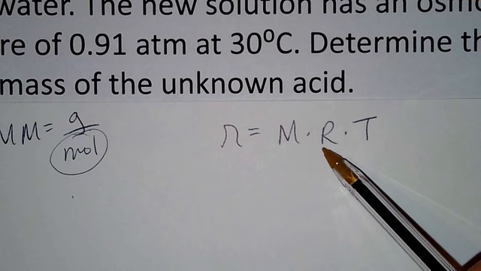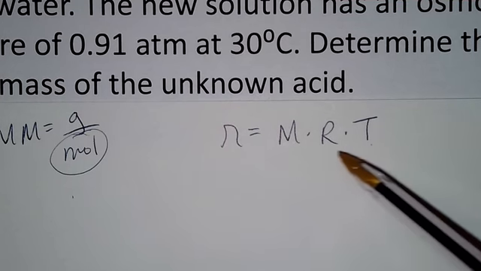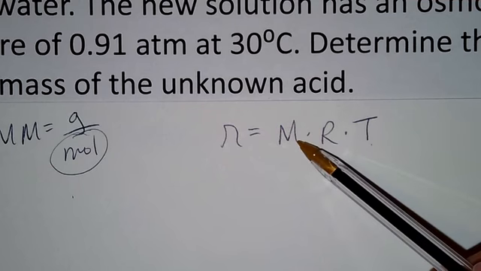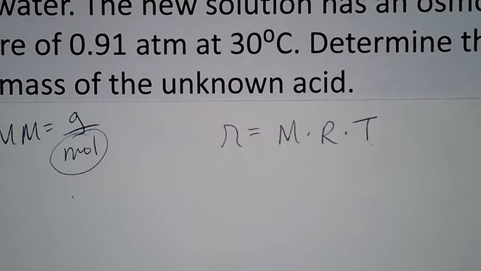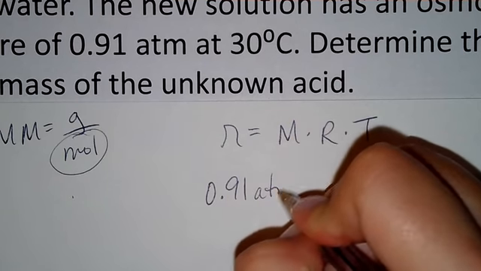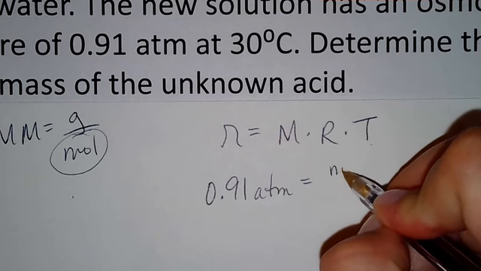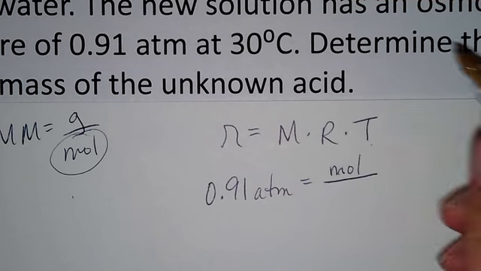So we don't really have moles in here, but moles is part of our molarity. So this is where it's going to come in. So we have 0.91 atmospheres. Our molarity is moles over our liters, 0.150 liters.